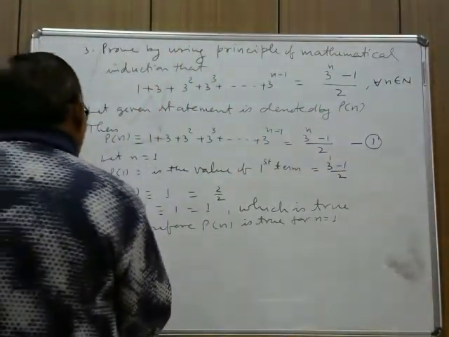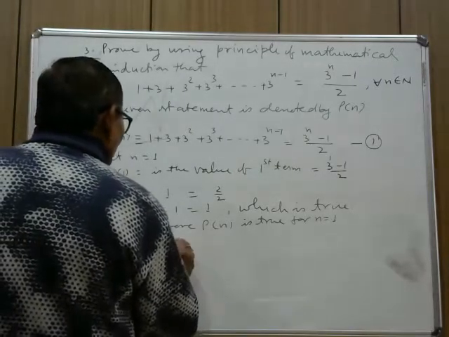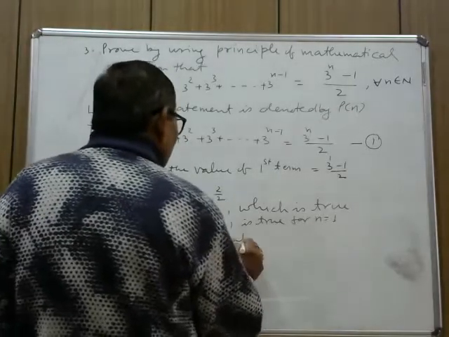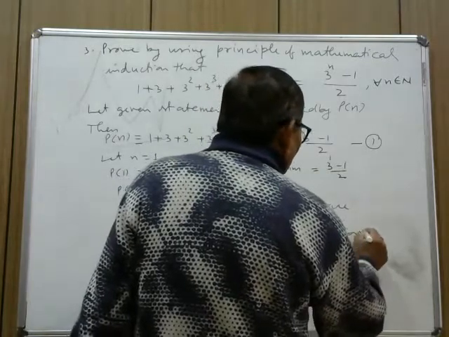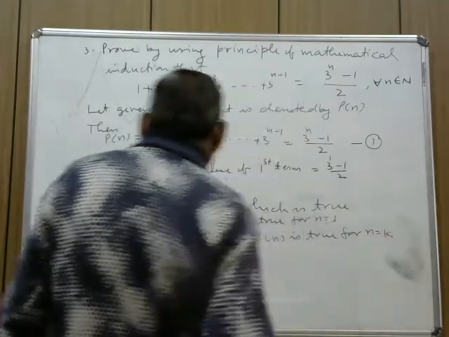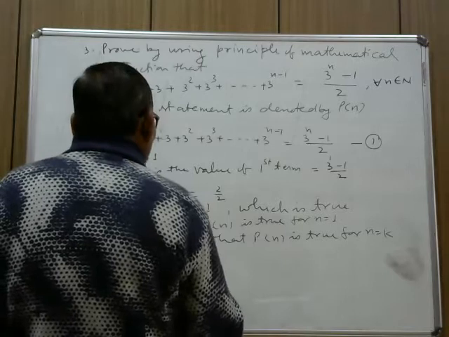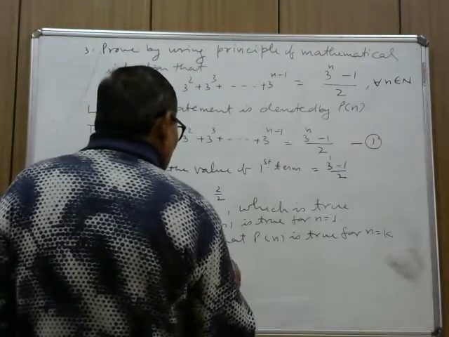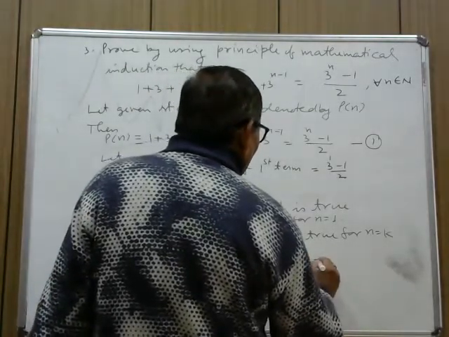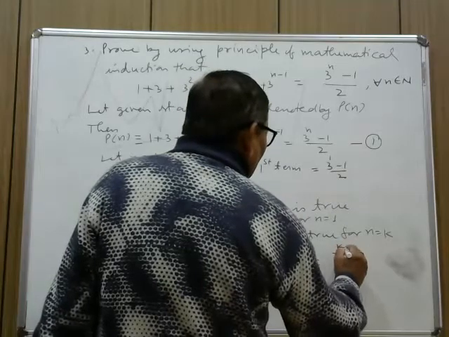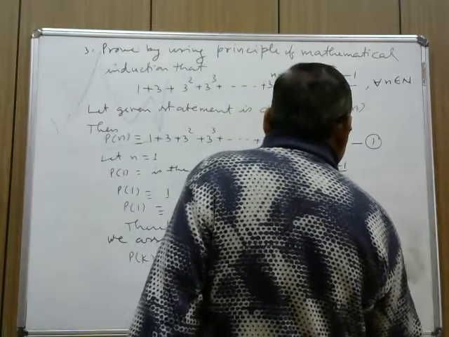So now the induction step. We assume that Pn is true for n equals k. This is your assumption. So you can write Pk equal to 1 plus 3 plus 3 square plus 3 cube plus and so on plus 3 to the power k minus 1 equal to 3 to the power k minus 1 by 2.